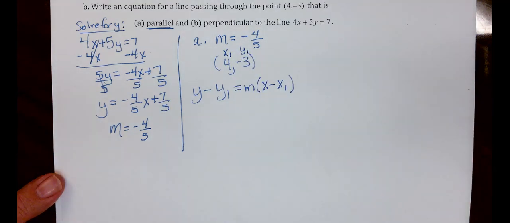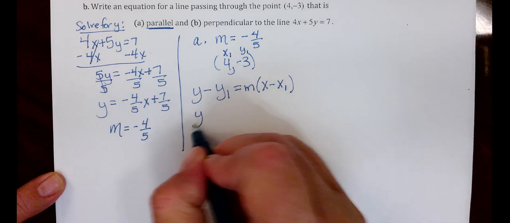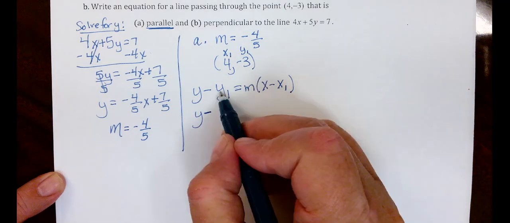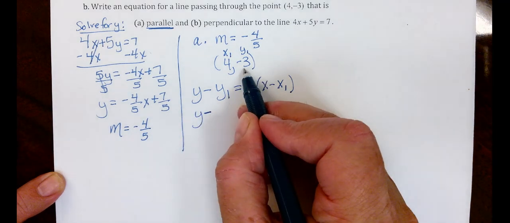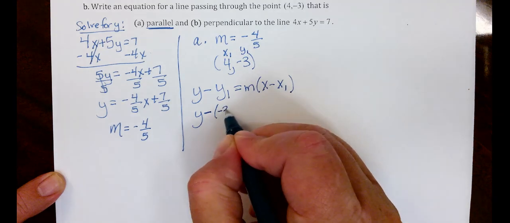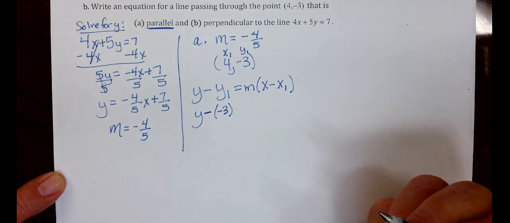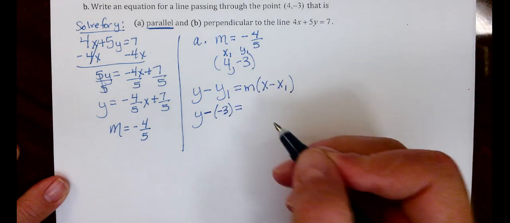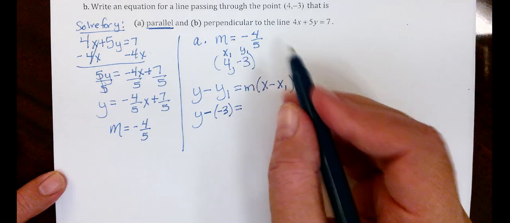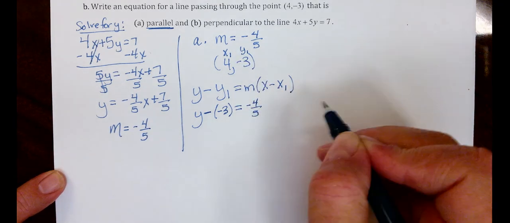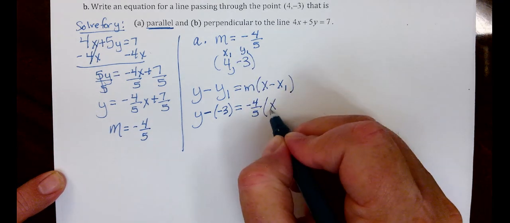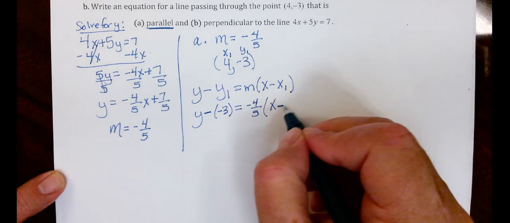Next step is to plug in. Y minus y1, in this case, is y minus -3. Just like in the past, we're going to be very careful with the signs. Equals m, which is -4/5, times x minus x1, which is 4.